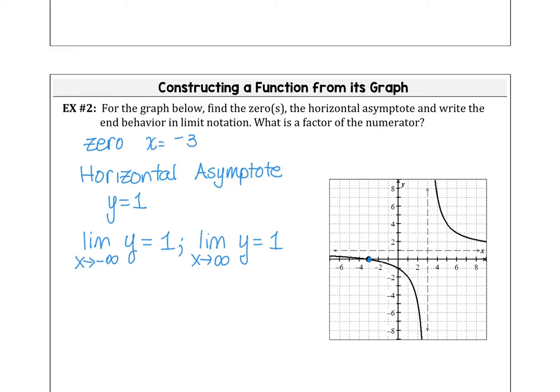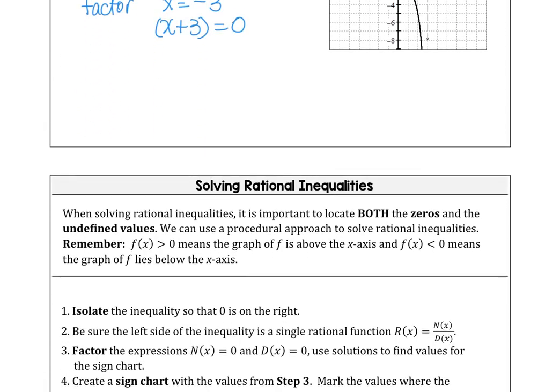What is the factor of the numerator? Well, the factor of the numerator comes from when x is -3, so the factor would be x plus 3. That's what causes the 0. So graphically, we can analyze the function and come to some conclusions.